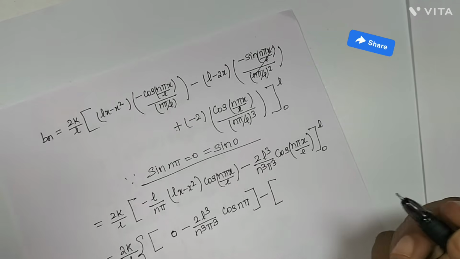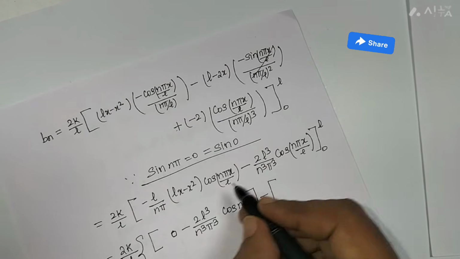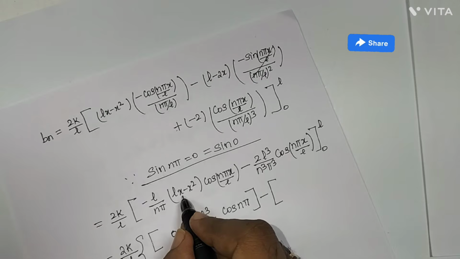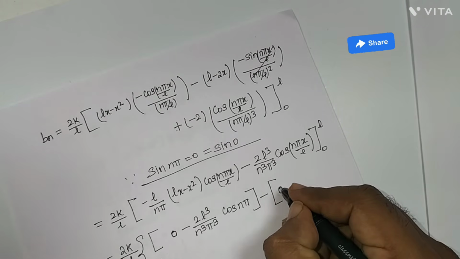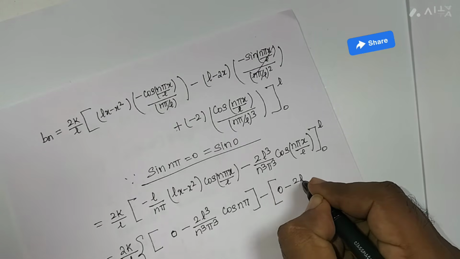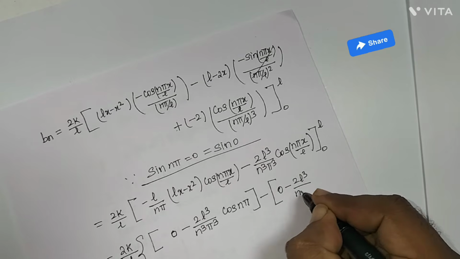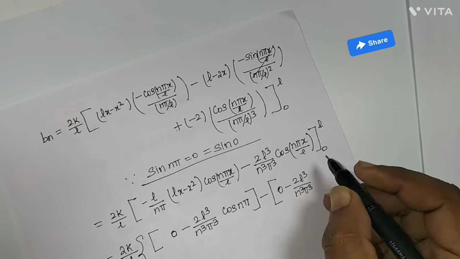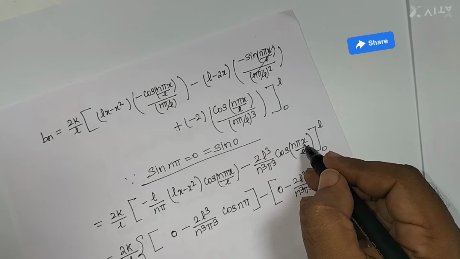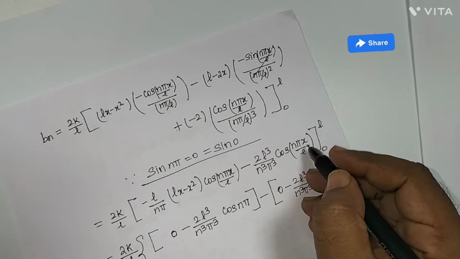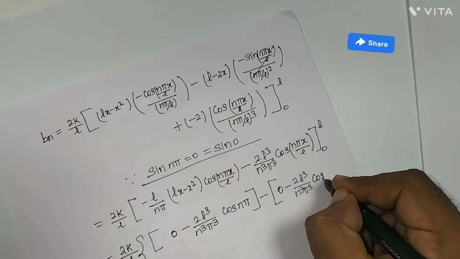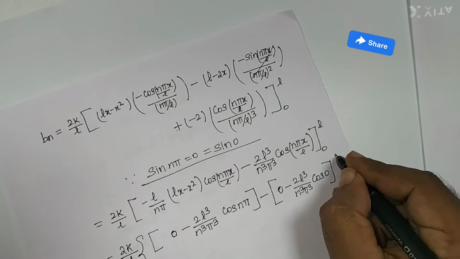So when substituting x equal to 0, this entire term is 0, minus 2L cube divided by n cube pi cube. Here we can substitute x equal to 0, you will get cos 0. Is this our lower limit substitution?